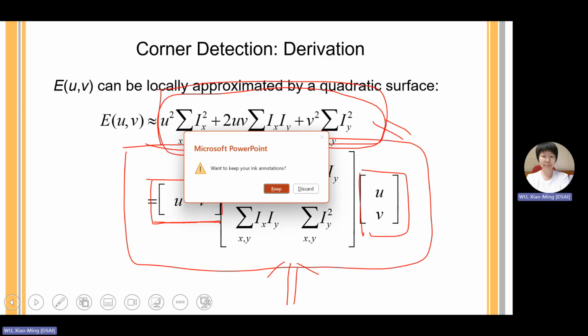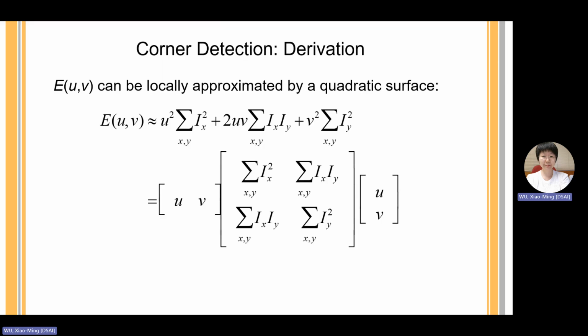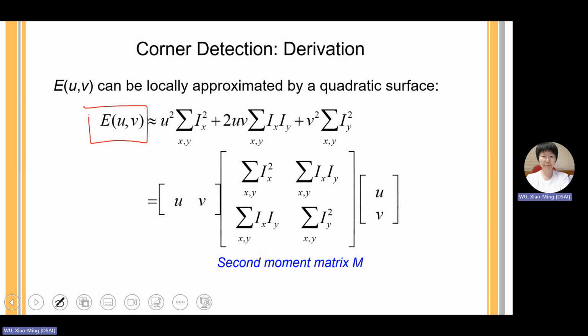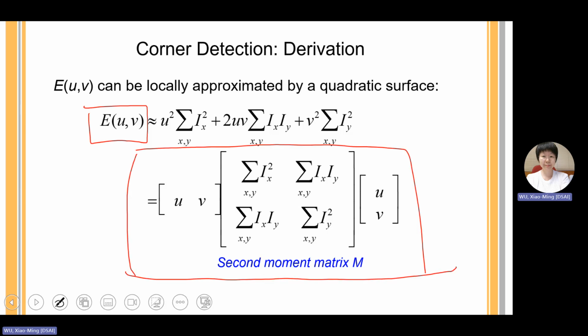So essentially the computation of E(u,v) boils down to the computation of this quadratic term.